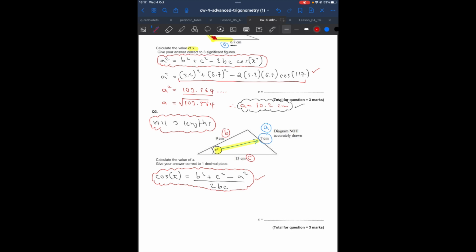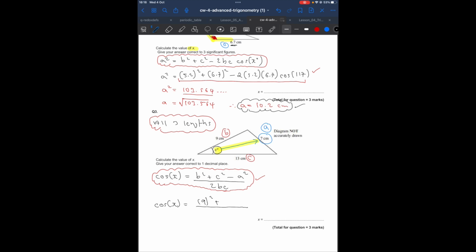All we're going to do is simply put these lengths, a, b, and c, into the formula for the cosine rule. So cos x stays where it is because that's what we're trying to work out. We're going to write our fraction sign in. And then on the top, we're going to replace the b with the 9 centimeters, or just 9 squared.